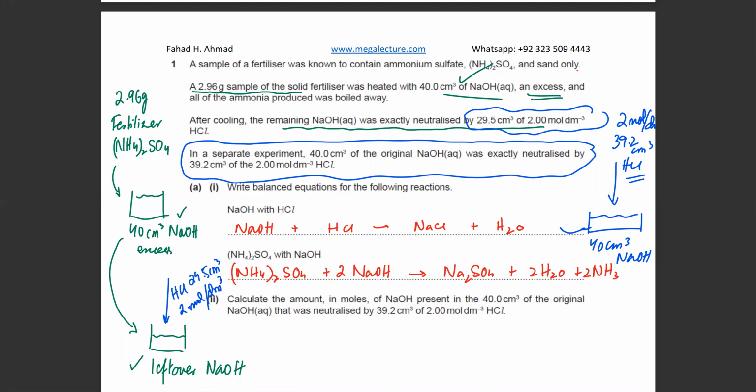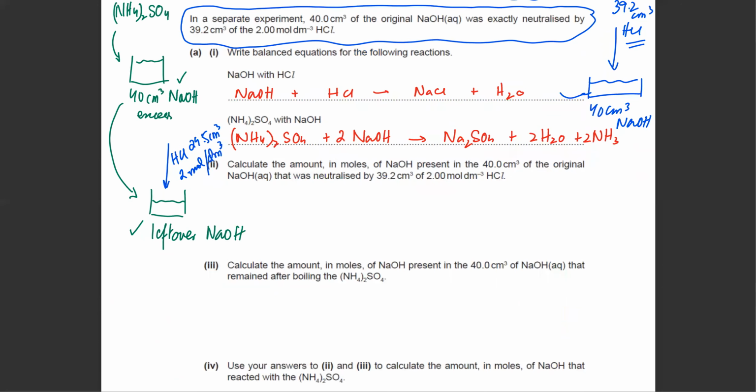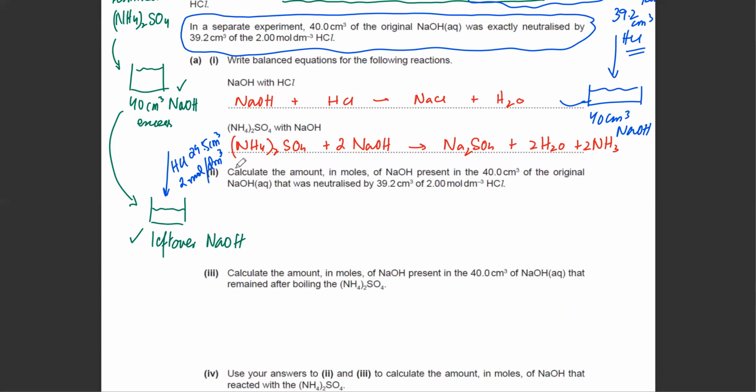Now what's going to happen is, he is saying, if I highlight this over here, calculate the amount in moles of NaOH present in the 40 cm³ of the original sample of NaOH.